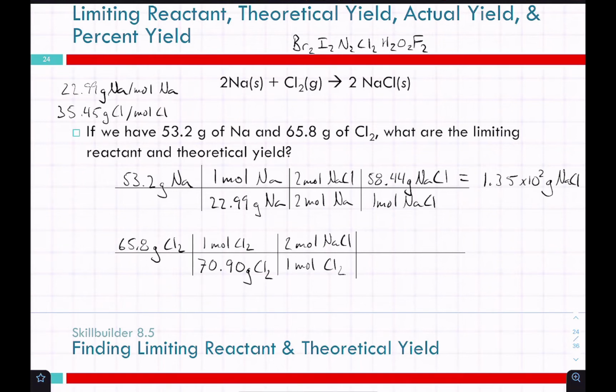And now, from here on out, this is going to be identical to the previous problem because we've gotten to moles of sodium chloride, and so we're going to do this exact same last step to figure out how many grams of sodium chloride that is. It's the same compound, so we use the same molar mass, but we're starting all of these calculations with a different number. So this will just be, let's copy this from the top one.